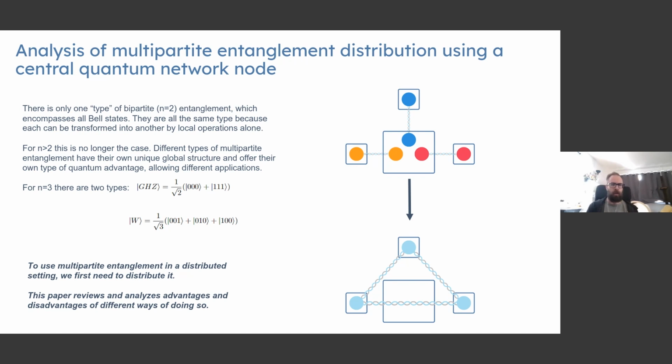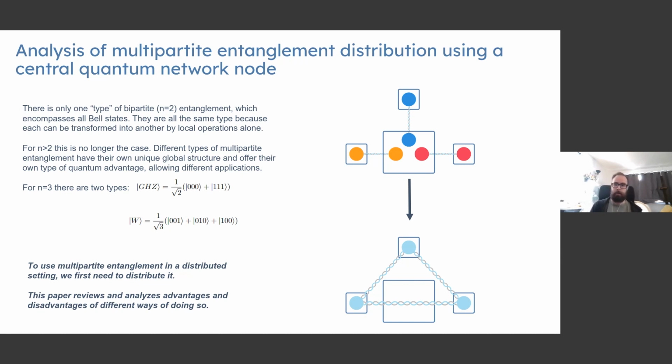So in this paper, we'll be focusing more on the GHZ state, which, as you can see here, is a superposition of three parties being in an entangled state of 0,0,0 plus 1,1,1. So like a prototypical Bell state can be 0,0 plus 1,1, right? And that means that Alice and Bob, if they have those two qubits, are entangled.